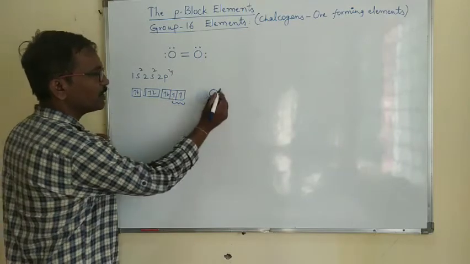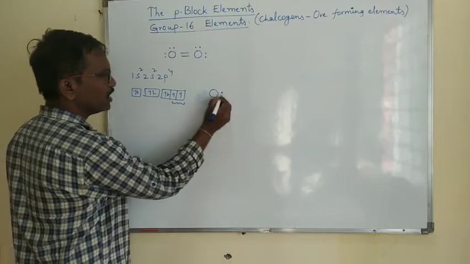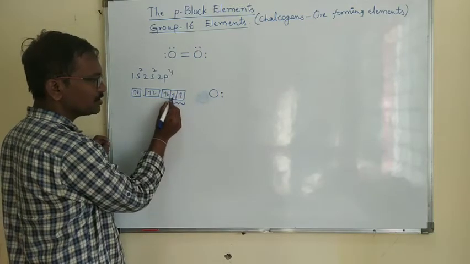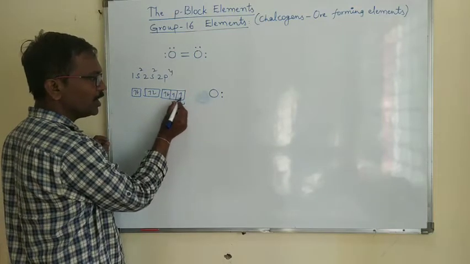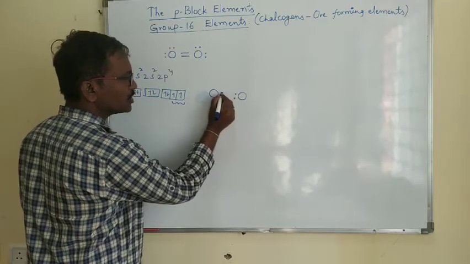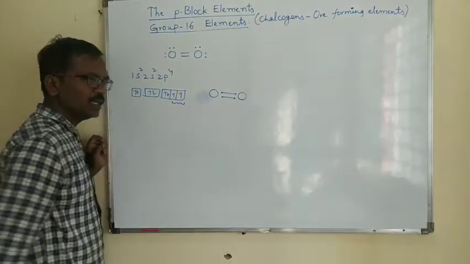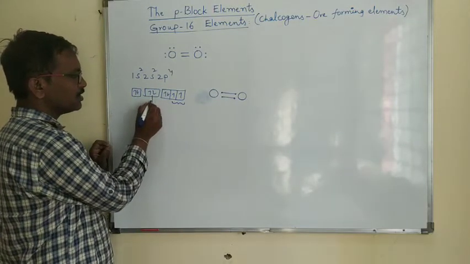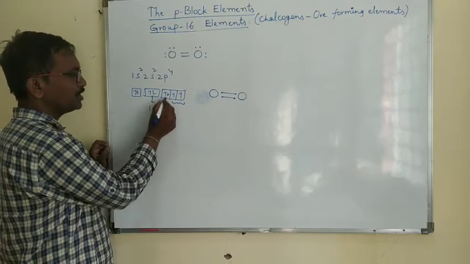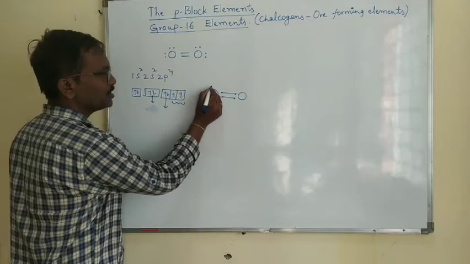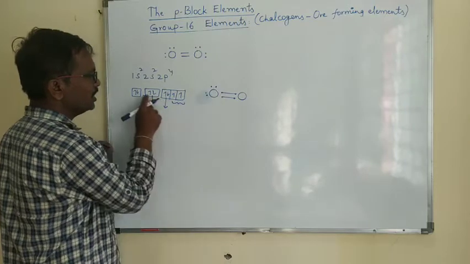So this one is one electron, this one is one electron, right? These unpaired electrons can form the bond with the unpaired electrons of the other oxygen. So that will give the double bond. So how many pairs? This one is one pair, this one is a second pair.